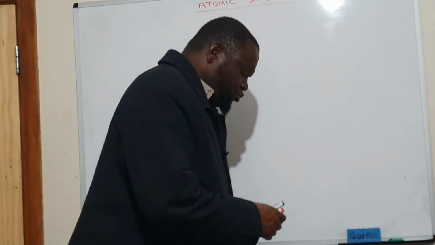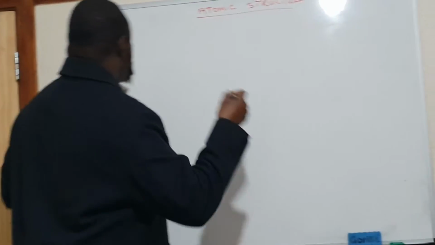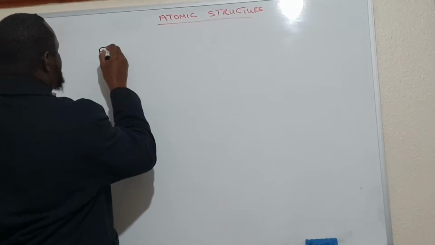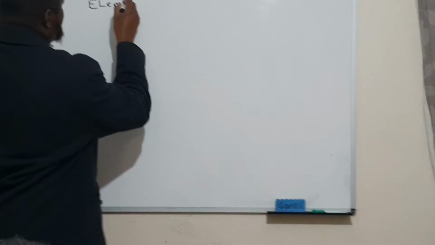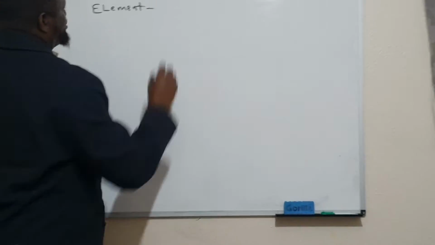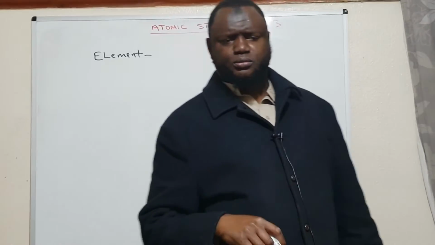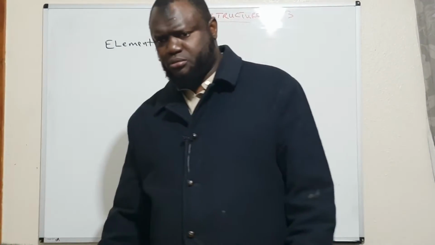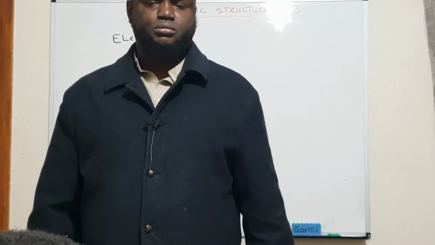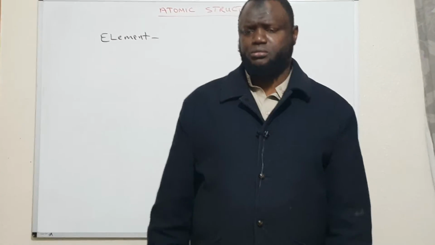Okay. Today we have to relate this to the word element. What is an element? Yesterday we touched on it. An element contains atoms, depending on how many protons you have.